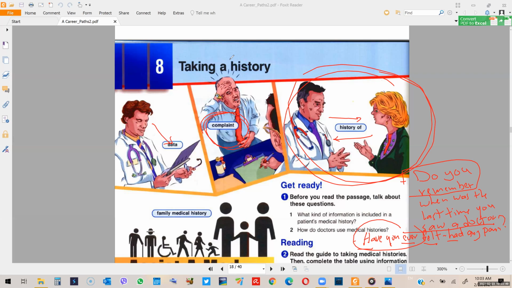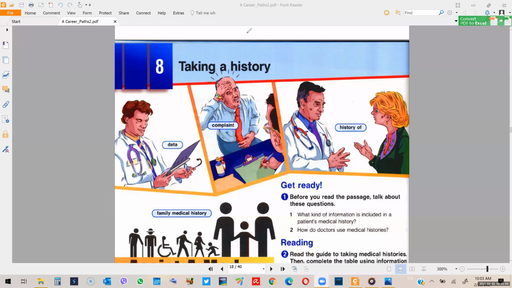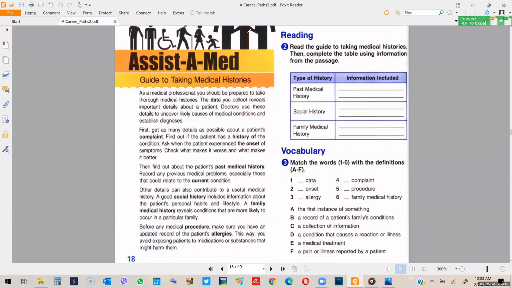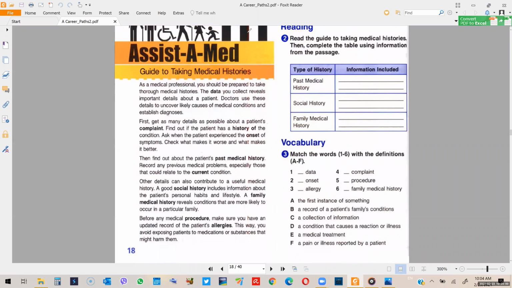Now we are going to listen to the first listening today, and this is about the guide to taking medical histories. So listen, please.